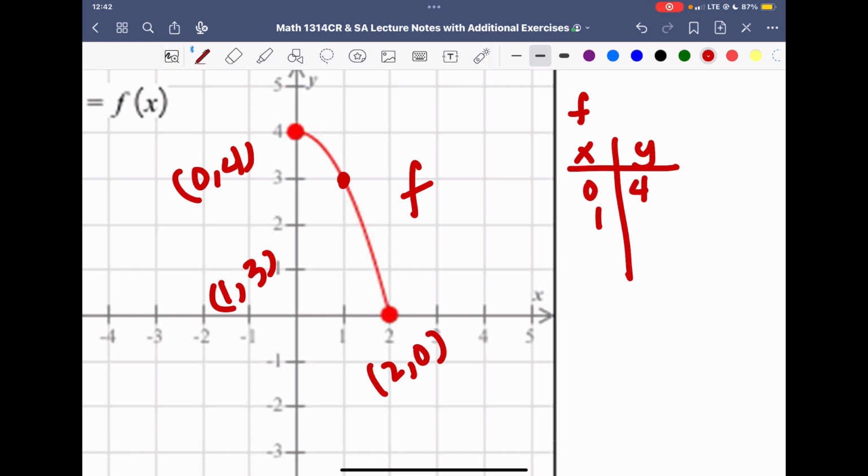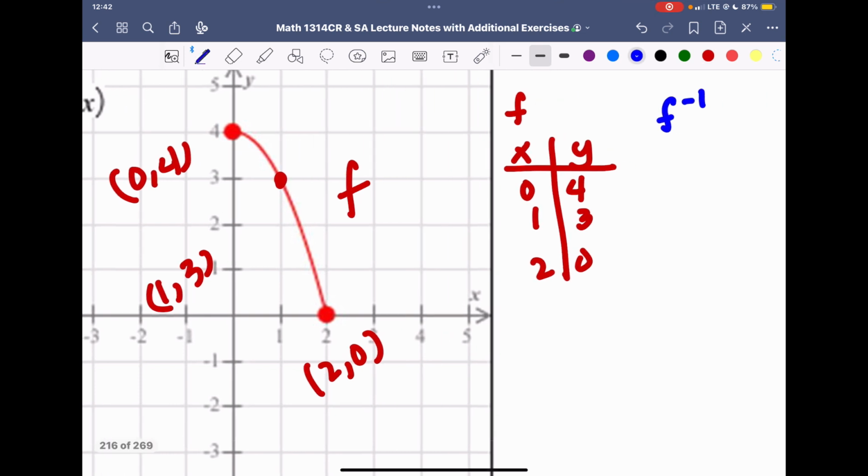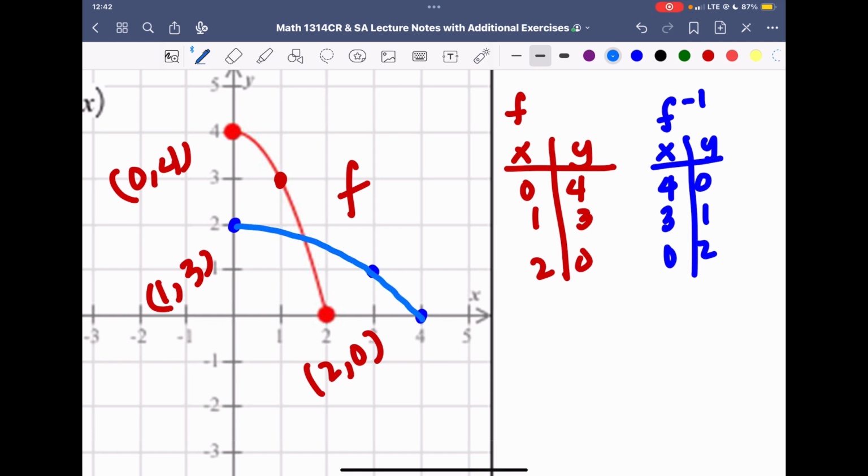And then the inverse points: 4, 0, 3, 1, 0, 2. I'm going to connect the dots. Just a sketch.